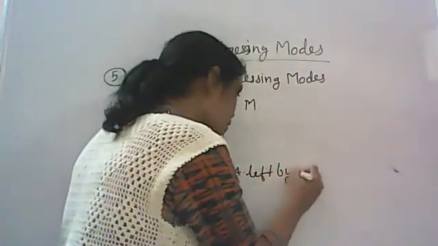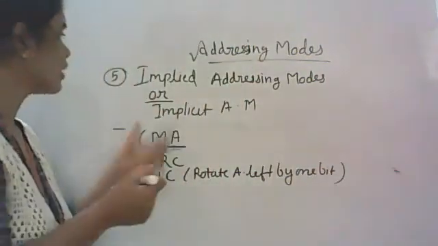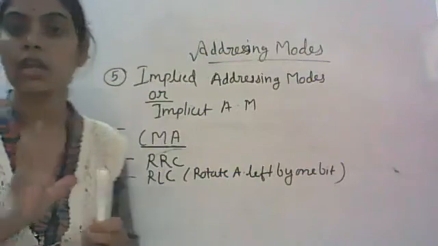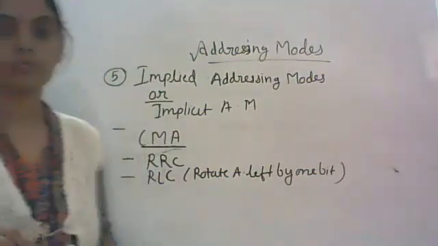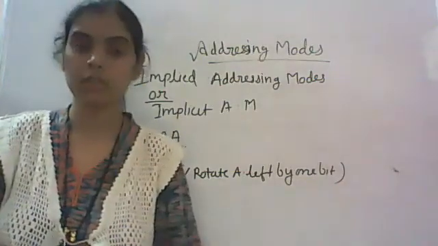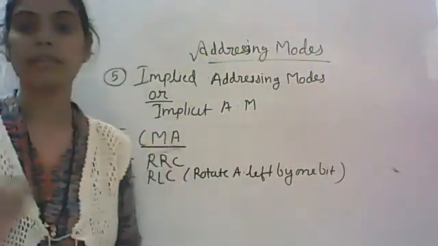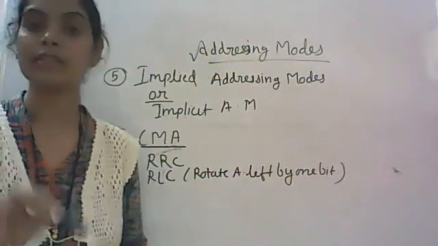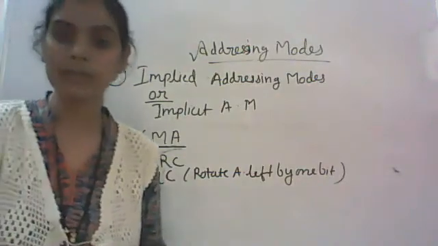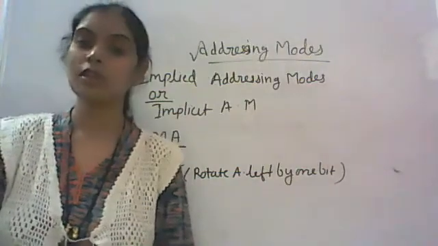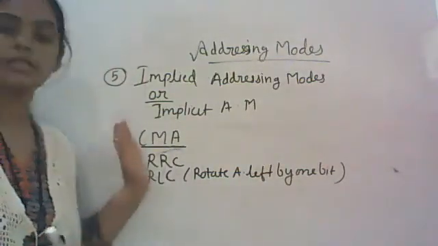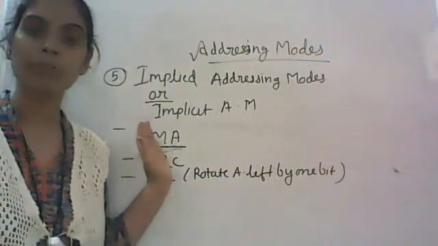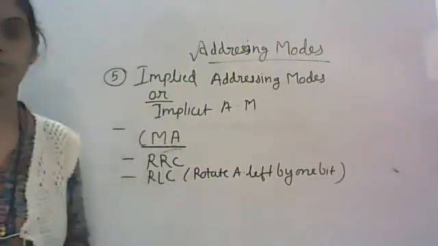So the implicit addressing mode, the operand is hidden. Got it? In implicit addressing mode, the operand is hidden and the data to be operated is available in the instruction itself. These are the examples: CMA, RRC, RLC.